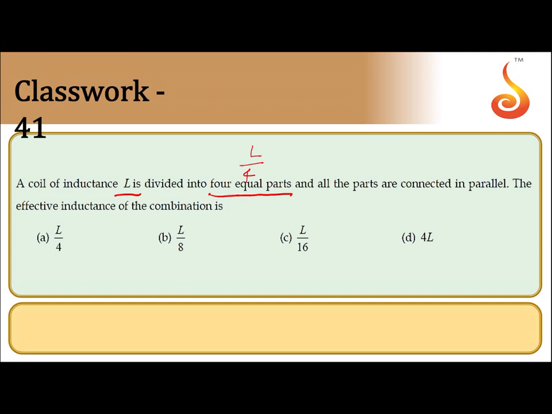When they are connected in parallel, effective inductance LP is equal to individual inductance divided by 4. So individual inductance itself is L by 4, all the 4 are in parallel. So it will become L by 4 divided by 4, that is L by 16 Henry. That is option C.